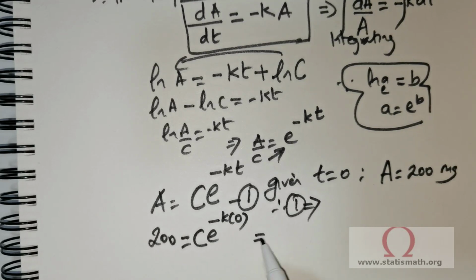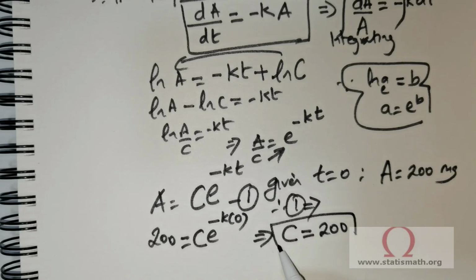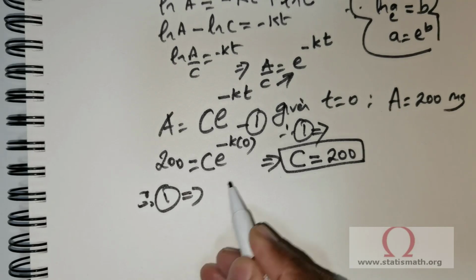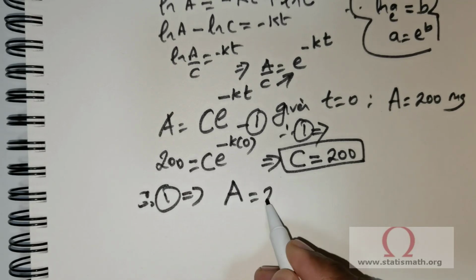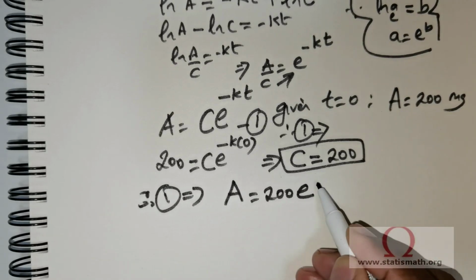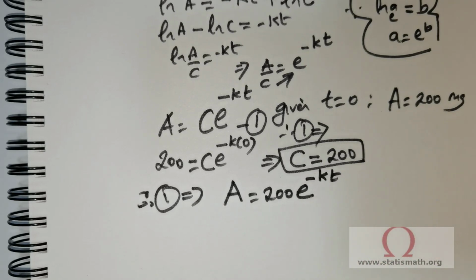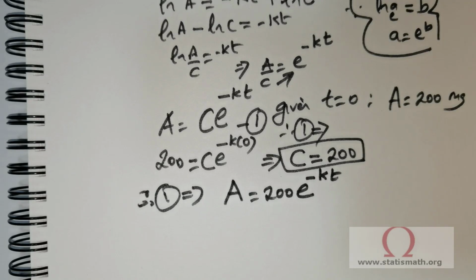This is going to be equal to 1. So this would imply I now have C is equal to 200. I know the value of C. So I can rewrite 1 as A equal to 200 times e raised to the power negative K times t. So this is the new equation.